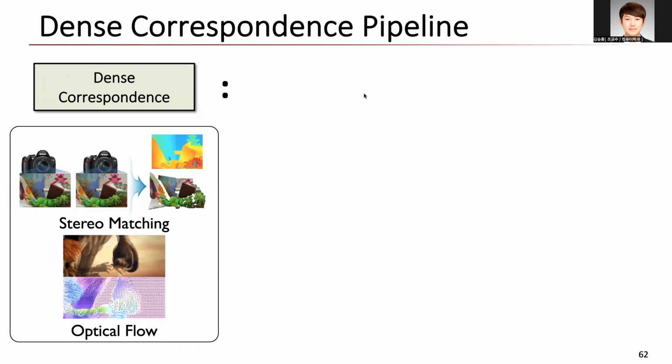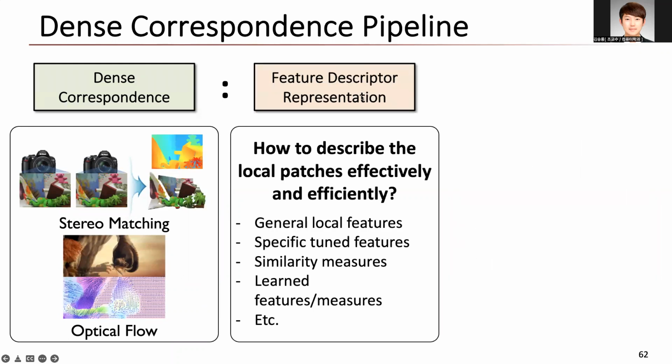Similarly, dense correspondence requires the feature description part. Because this is a dense matching problem, we don't need to extract keypoints, since we have to consider all the points. So we directly consider the feature description part.